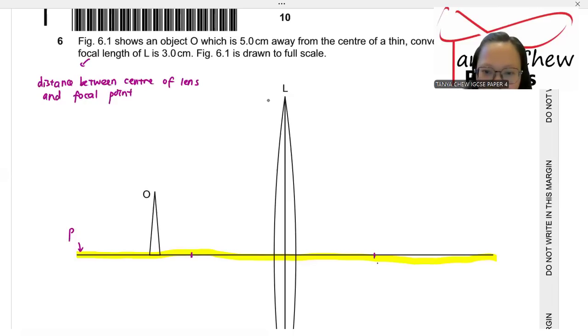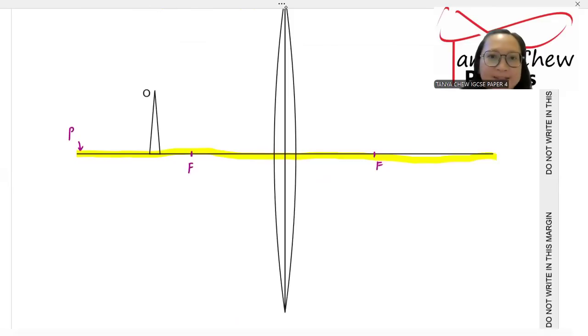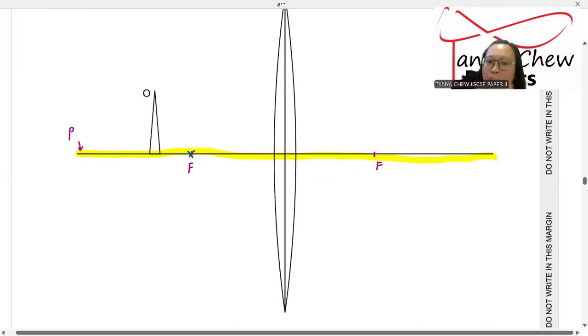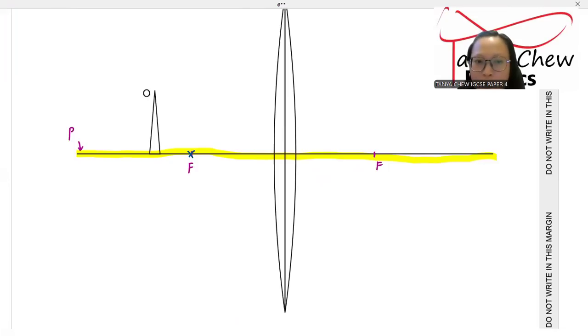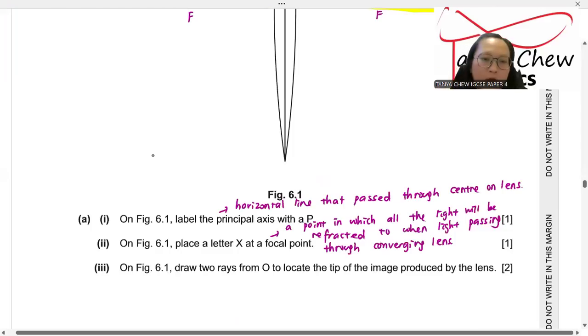This is a focal point, this is a focal point, and you have to label the focal point as X. So I'm going to label here X. You can put it on the left-hand side or here, not a problem anywhere because a converging lens has two focal points. Remember that. Now on Fig 6.1, draw two rays from O to locate the tip of the image produced by the lens.